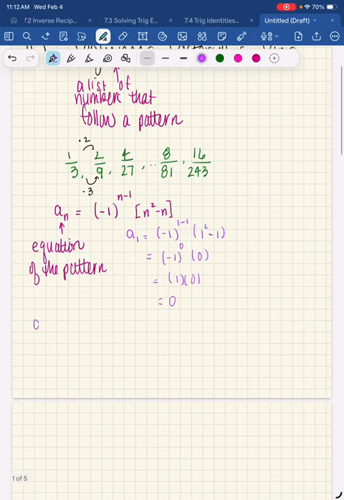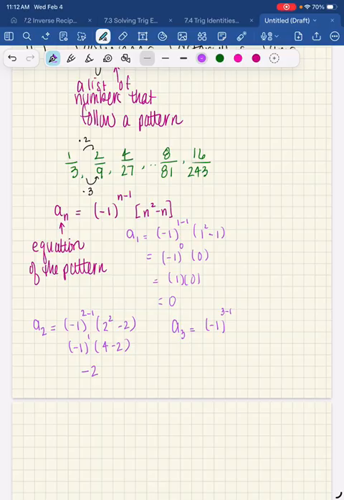The second term, I'm going to plug in 2 for all of the n's. And so that's going to be -1 to the first times 4 minus 2, and that's going to end up being -2. And the third number in the list, all the n's are going to become 3.